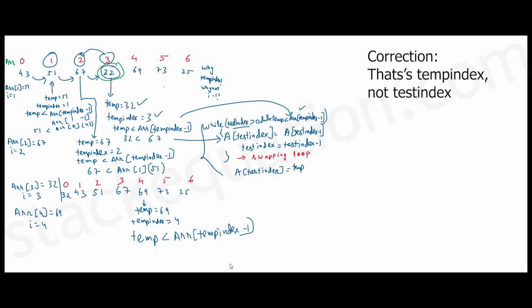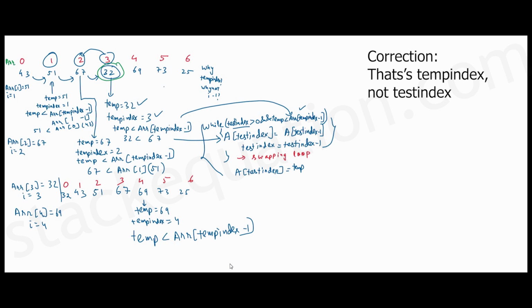The role of I here is just to move through the elements one by one. And once we encounter an element, temp index takes over, which is used for doing all the swapping and putting the elements in their right place.